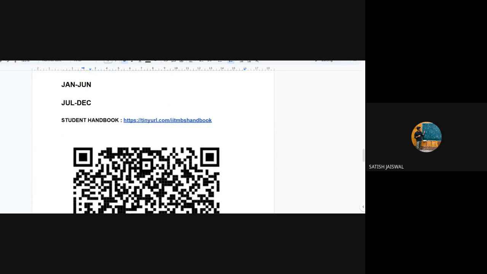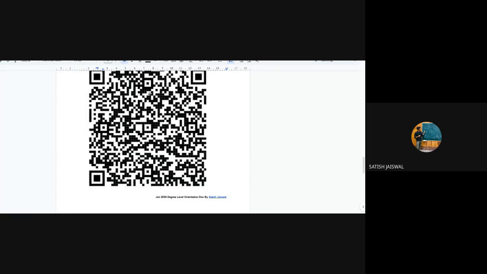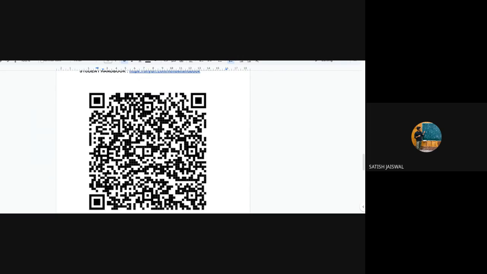And for the NPTEL courses, you can now scan this particular QR code for getting this document. I will paste all the necessary requirements and the things that you should keep in mind while taking the NPTEL courses, because the NPTEL courses are a different topic. If I try to explain this, it will also take the next 15 or 20 minutes.